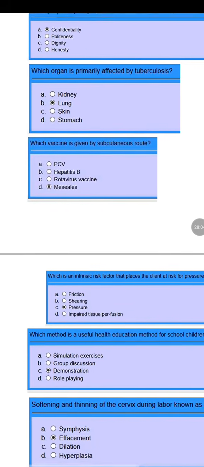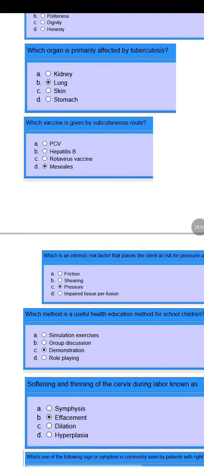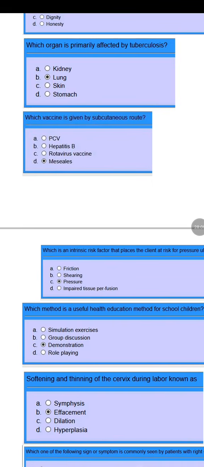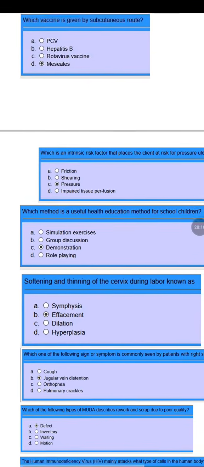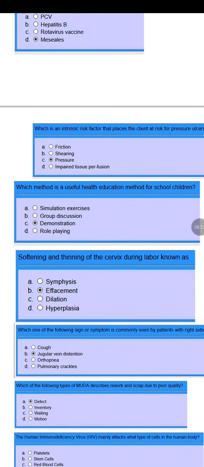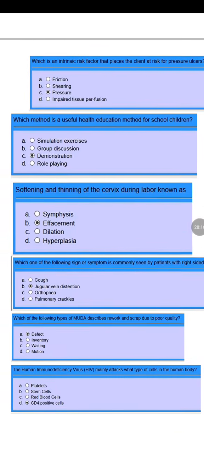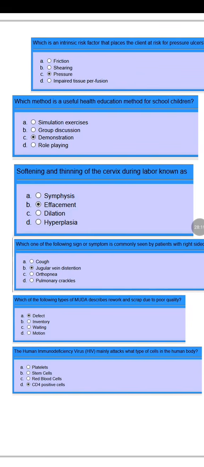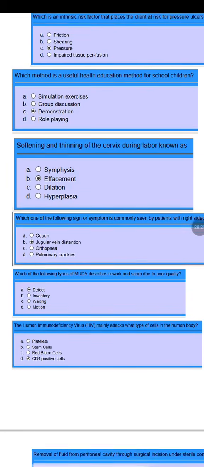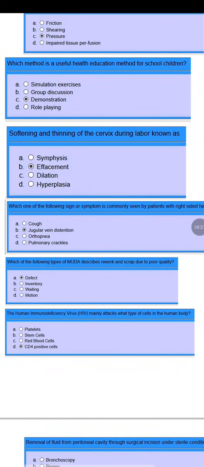Which vaccine is given by subcutaneous route: routine measles. Which is the risk factor of a client at risk of pressure ulcer? Which health education is made for the stool of a child: domestic. Softening and thinning of the cervix through labor.